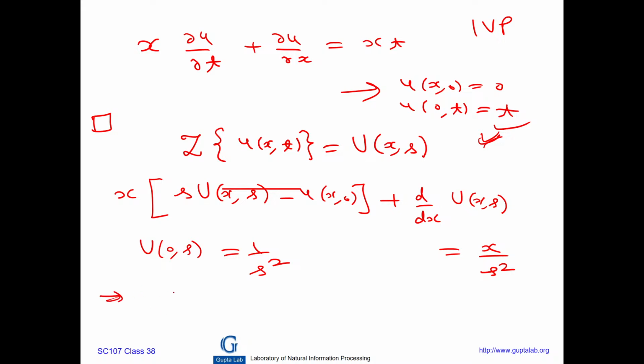You will get dU over dx plus s times x U is equal to x divided by s square. Do you agree with this? dU over dx, that's the first term, s times x times U. वो ब्रैकेट की चीजें मैं नहीं लिख रहा हूँ, ux0 की वैल्यू मैंने 0 डाल दी है, राइट? So we arrive at this. So partial differential equation after transformation becomes ordinary differential equation. Now I can solve it easily, right?